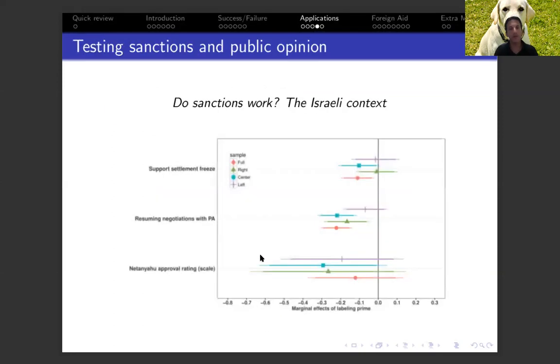So these are the results based on the experiment, the second part that I talked about. The different colors represent whether they talk about the full sample of participants or just based on different parties and preferences of those samples. But what they measure here is how being exposed to those different types of sanctions affects the public attitudes regarding different policies.